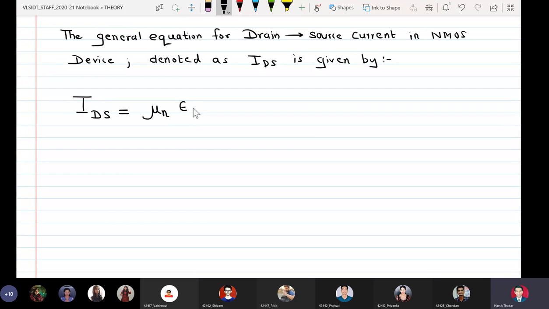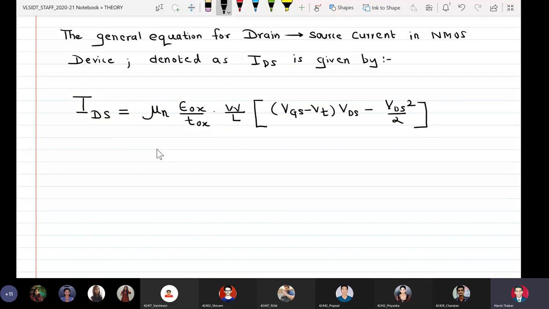mu n, epsilon ox upon T ox into W by L into (VGS minus VT) into VDS squared by 2. Okay. So sometimes it is also written like this.